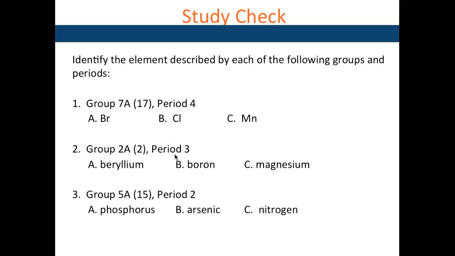Period 3 would be magnesium, because it's beryllium followed by magnesium. Group 5A, but period 2. Period 2 would have to be nitrogen. Okay, so that's C. So group 7, period 4 is bromine. Group 2, period 3 is magnesium. And group 5A, period 2 is nitrogen.